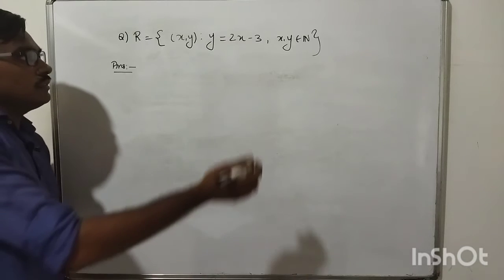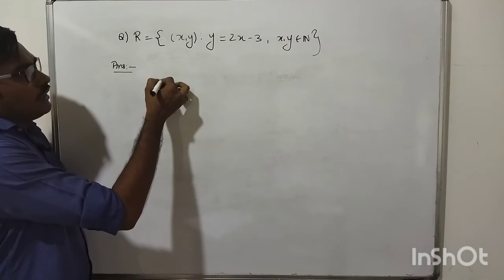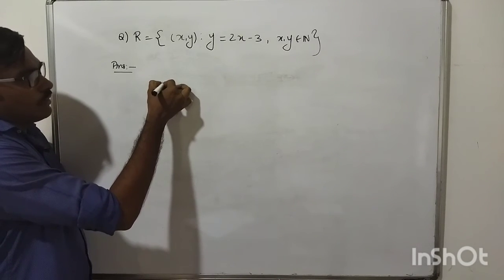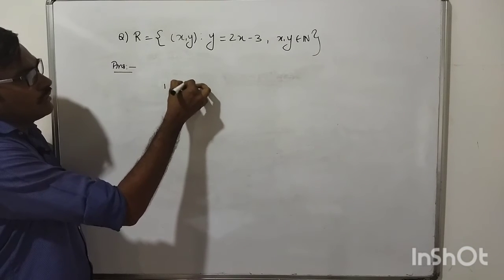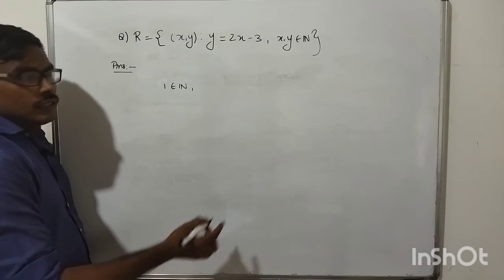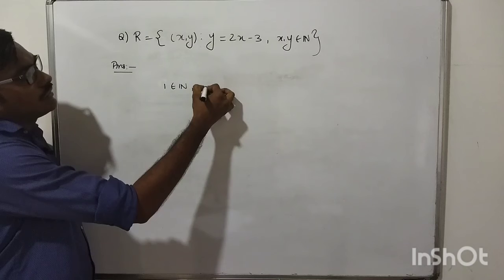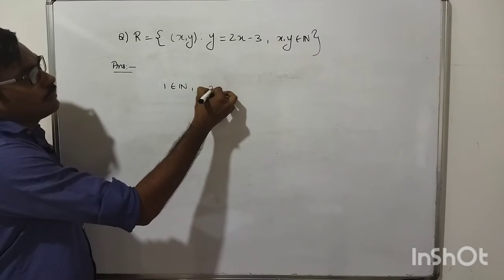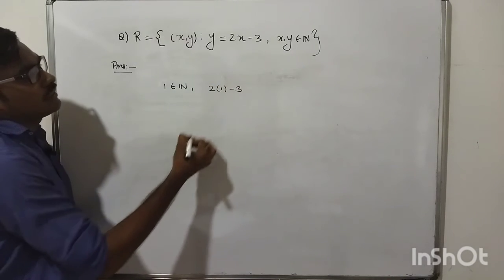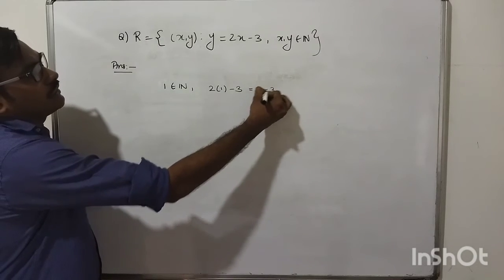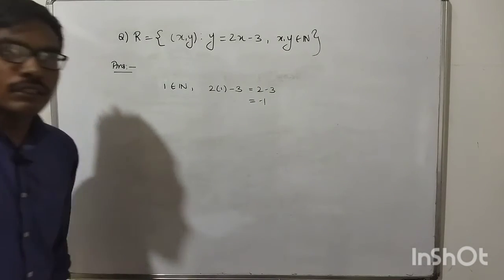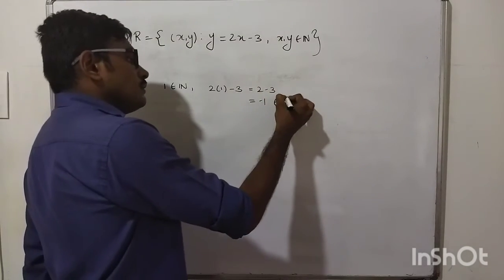See, first natural number, 1. 1 belongs to N. Now for 1 belongs to N, 2 into 1 minus 3 is equal to 2 minus 3, which is minus 1, and which does not belong to natural numbers.